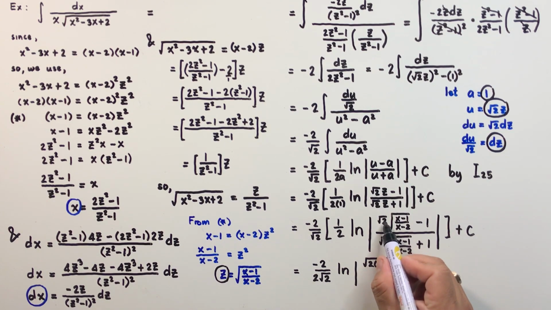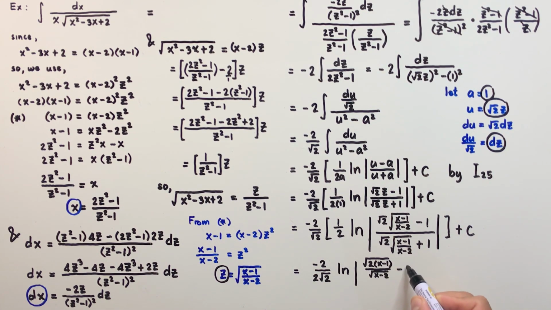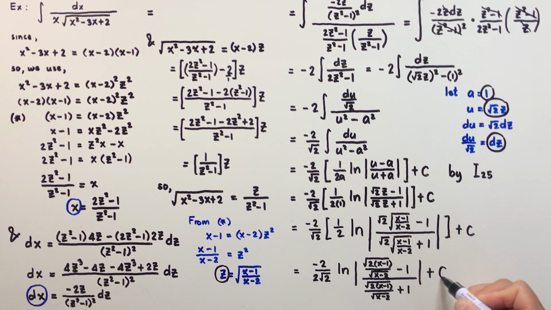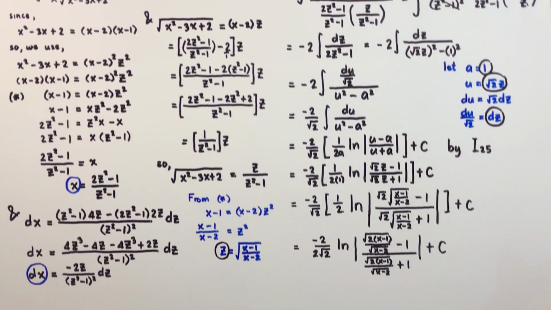If you multiply the square root of 2 to the numerator here over the square root of x minus 2, and this is subtracted by 1 over the denominator of the square root of 2 times x minus 1 divided by the square root of x minus 2. So we add this one to 1 plus the constant of integration c.